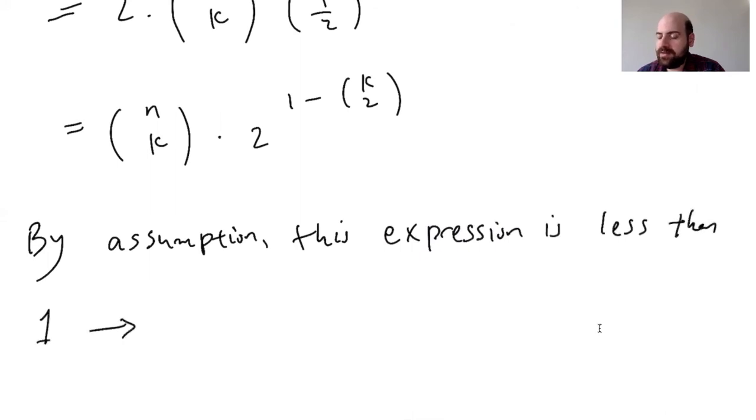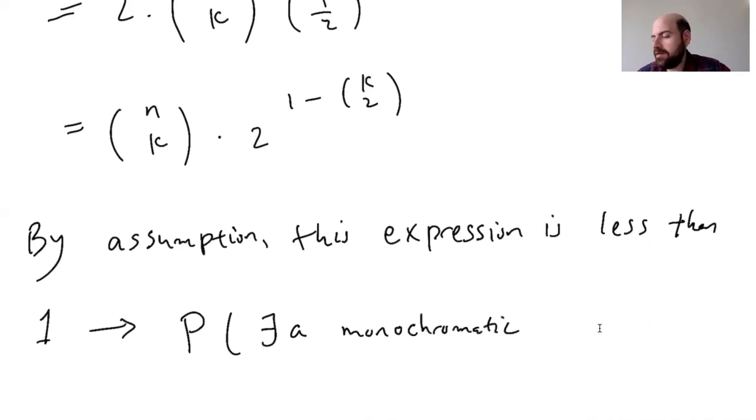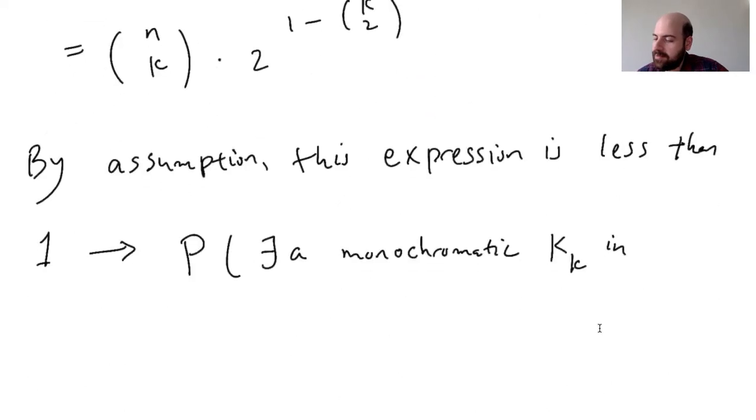So this means that the probability that there exists a monochromatic Kk in Kn is less than 1.